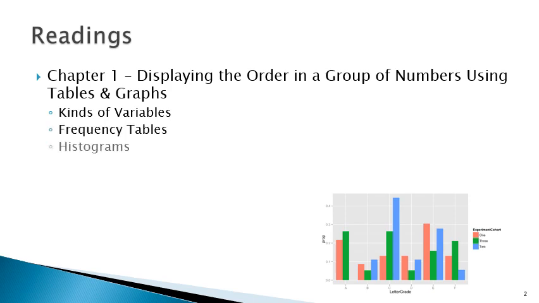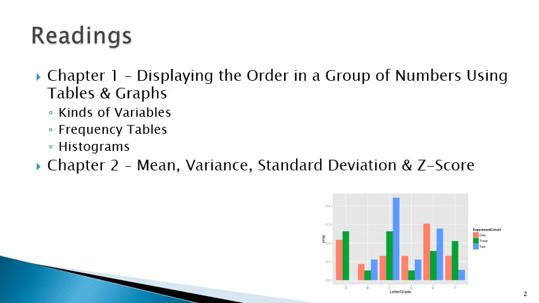But the big thing I want you to get from this is before we can even talk about frequency distribution tables and histograms and all that, we need to really understand the types of variables that are out there.